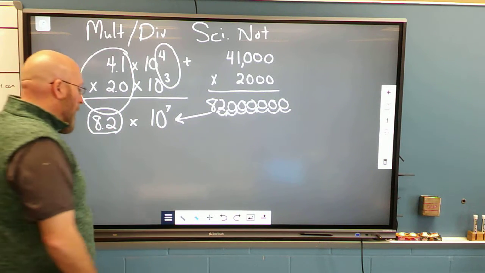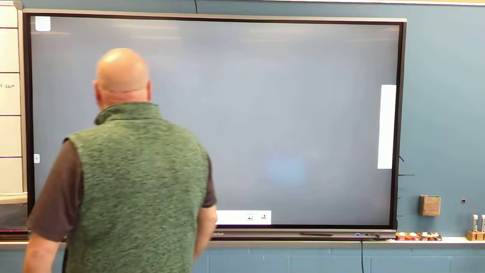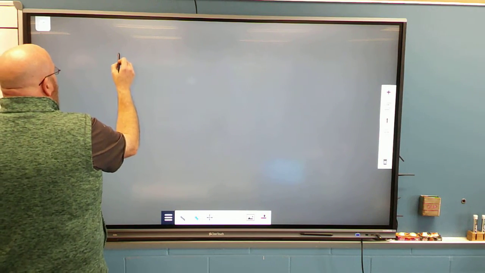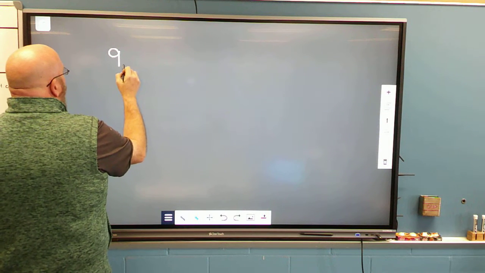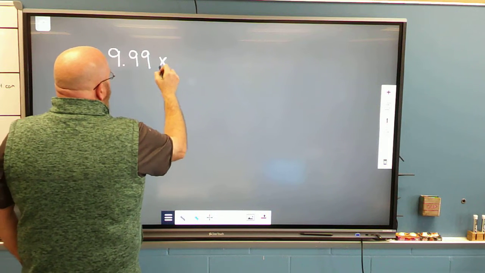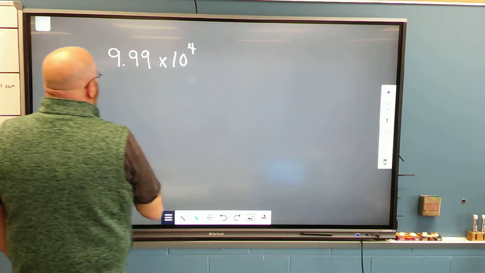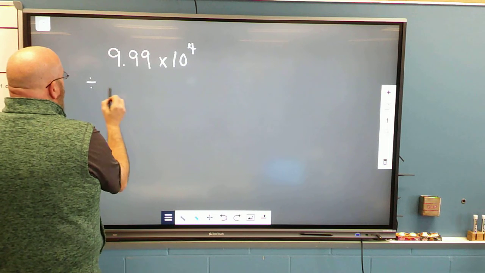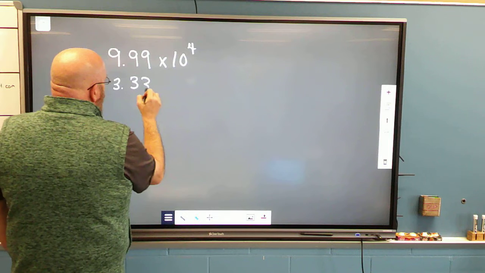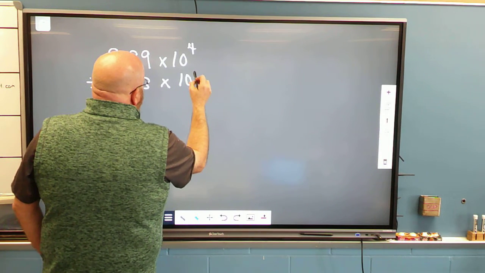Okay? Now, what do we do about division? Okay? Well, let's do this one. Let's go 9.99 times 10 to the fourth. Okay? And we're going to divide it by 3.33 times 10 to the second.